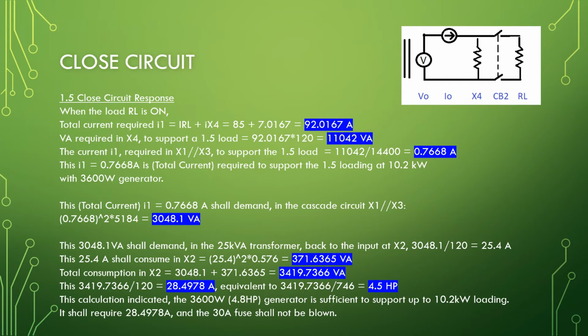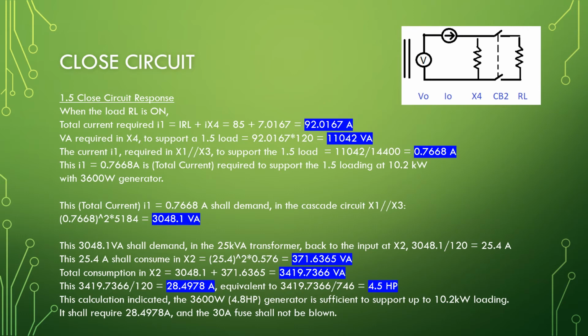These 3419.7366 VA divided by 120 volt equal to 28.4978 ampere, equivalent to 3419.7366 divided by 746 equal to 4.5 horsepower.